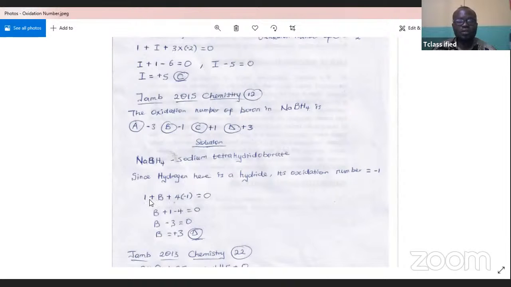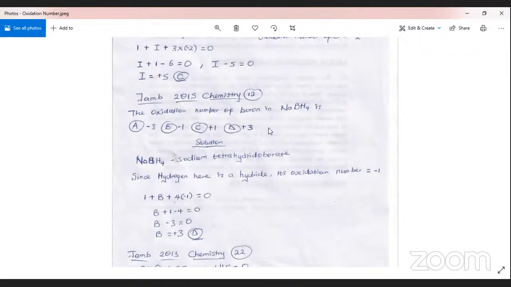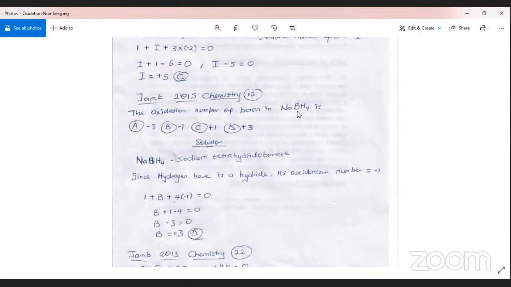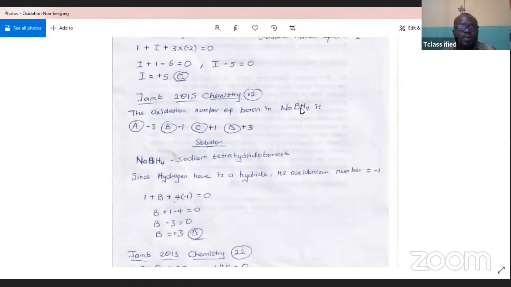Okay. So we have 1 here. Sodium, the valency of sodium is 1. These are sodium tetrahydroborate, isn't it? So we write that 1 for the sodium. And boron is the one we are looking for, so we write B. And this hydrogen, we have 4 of it.